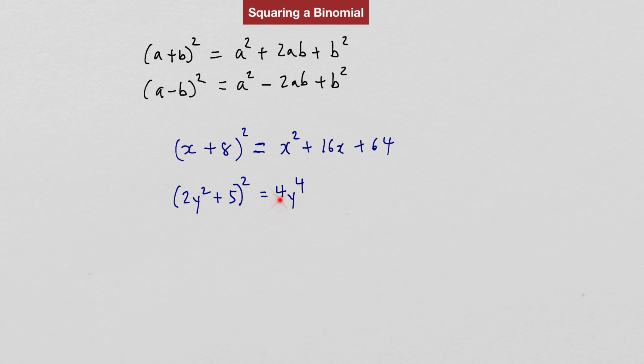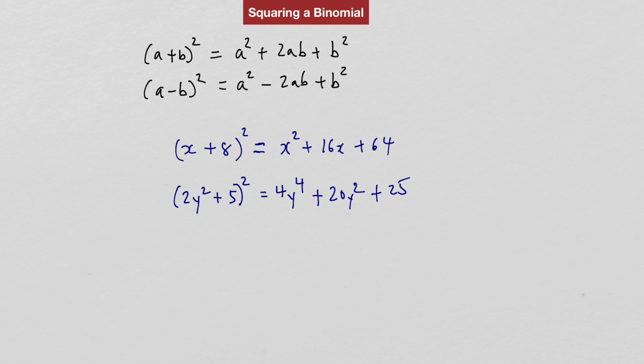Then y squared doubled becomes y to the 4th, plus the product of these, which would be 10y squared doubled, that becomes 20y squared, plus the second term squared, and we get 25.